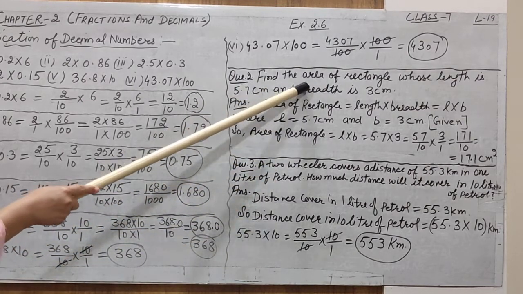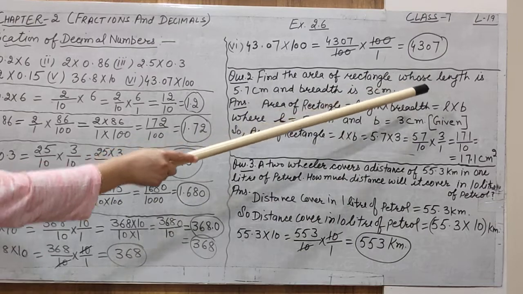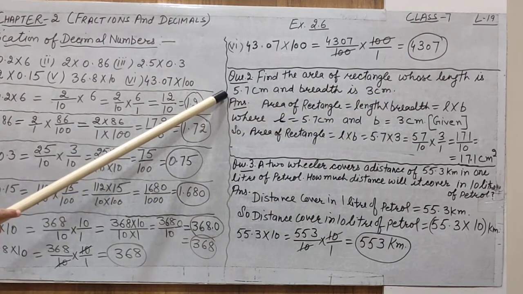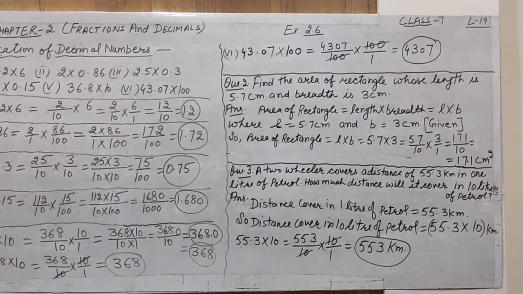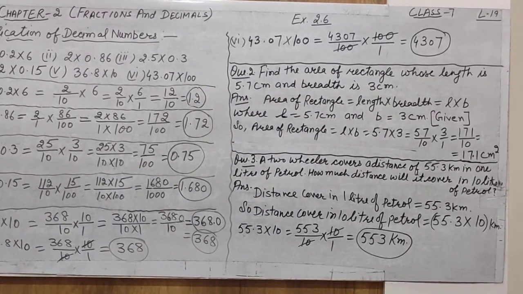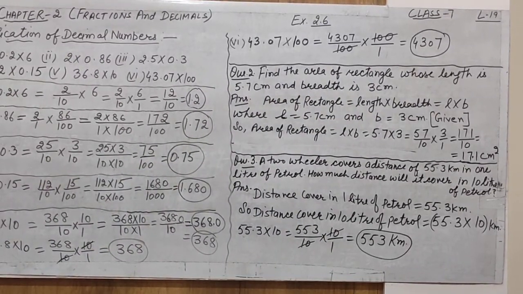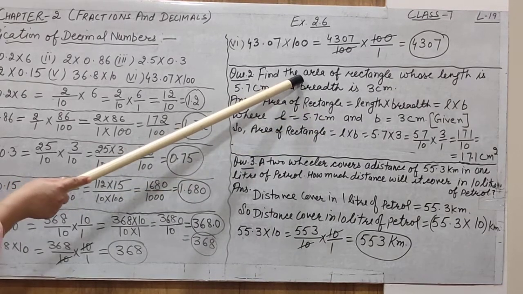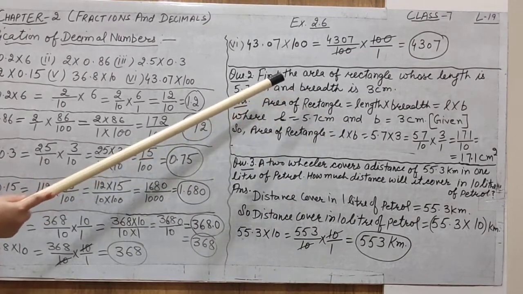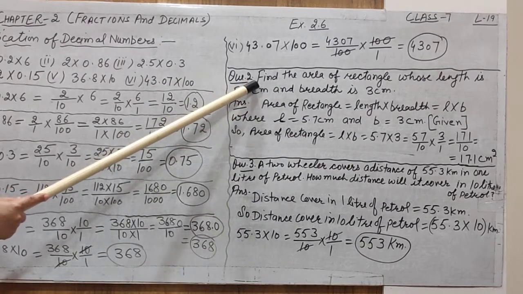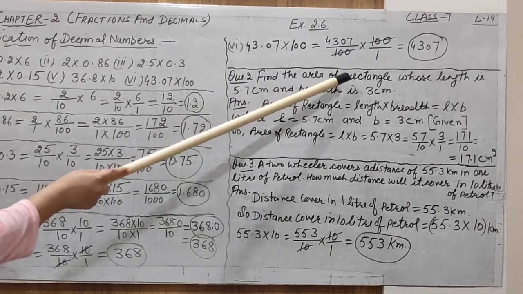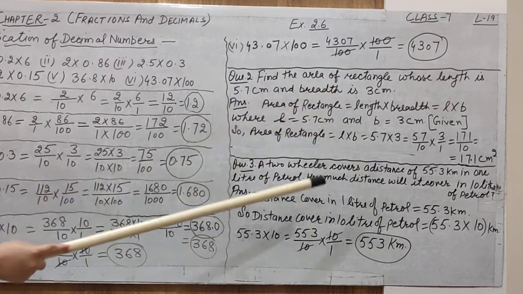Find the area of rectangle whose length is 5.7 centimeter and breadth is 3 centimeter. What you have to find out? You must remember some formulas of area and perimeter which you have already done in previous classes. So here find the area of the rectangle. What is area of the rectangle?